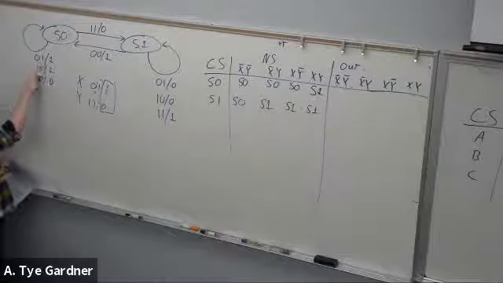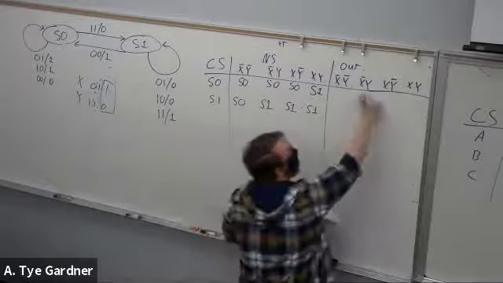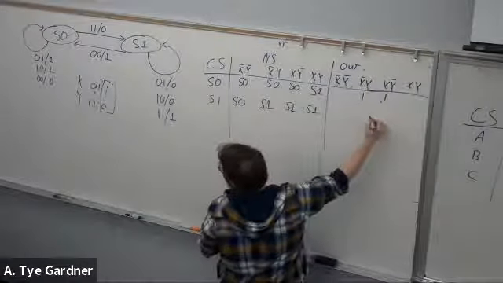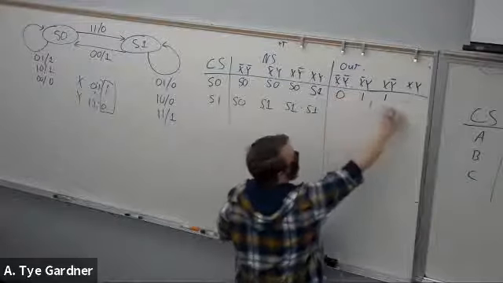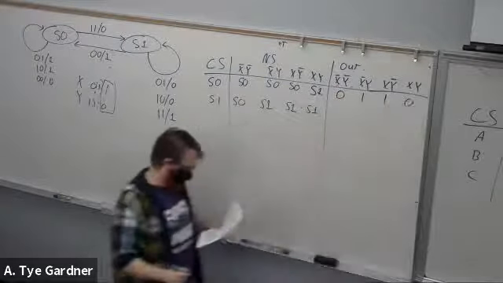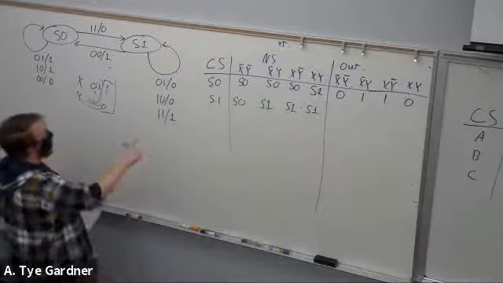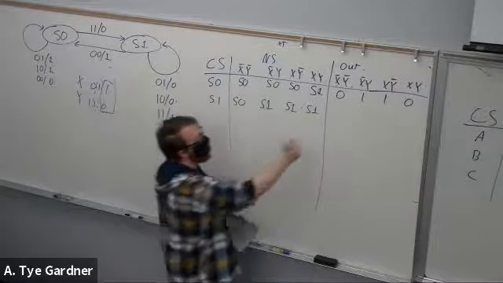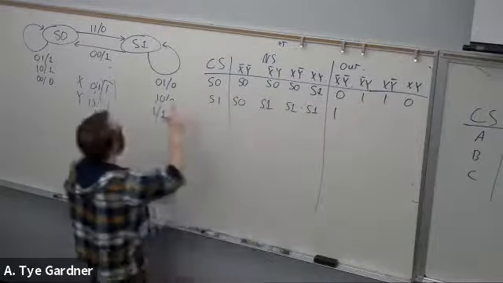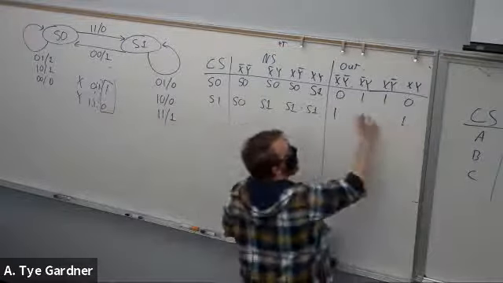If I'm 0, 1 or 1, 0, I get a 1. If I'm 0, 0, I get a 0. And if I'm 1, 1, I get a 0. All right. If I'm in state 1, I get 0, 0 is a 1. And also 1, 1 is a 1. Otherwise, 0.